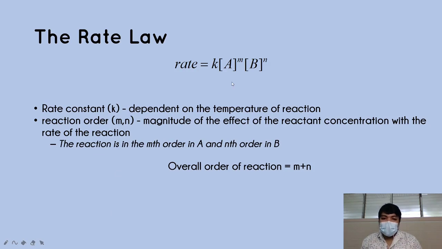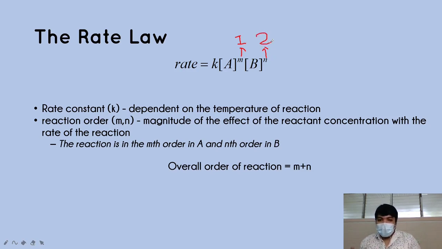So let's give these exponents a value. For m, let's say this is 1. Forgive me guys, I don't have a stylus, I'm just using my mouse to draw this. And let's say n is 2.